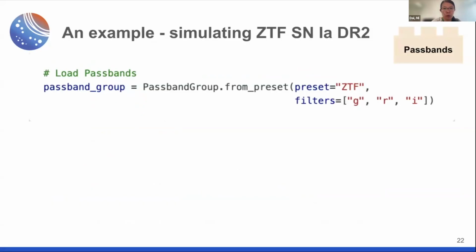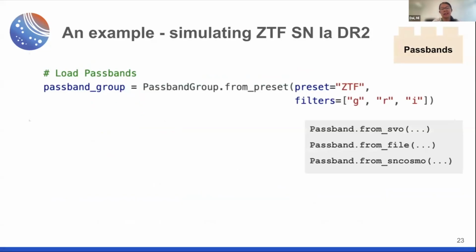The next part would be the passband, which is really just one easy line that reads from a preset. In our case, it's ZTF. The list of filters can also be defined. And we have a few convenient ways to define a passband from a variety of sources.